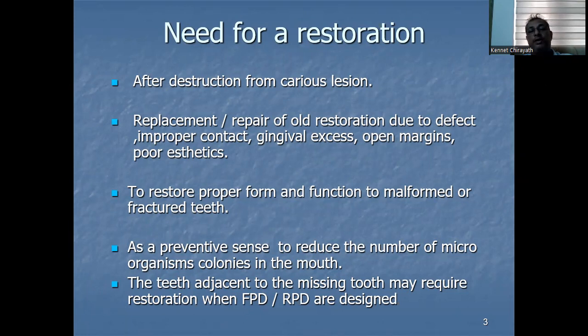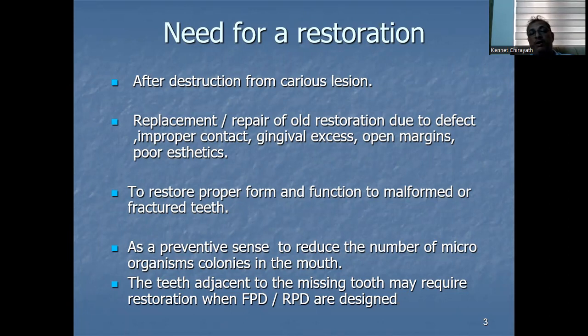The third point is to restore proper form and function to a malformed or fractured tooth. The fourth point is as a preventive measure to reduce microorganism colonization.